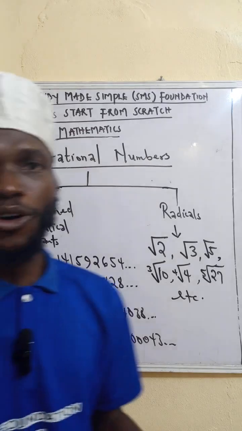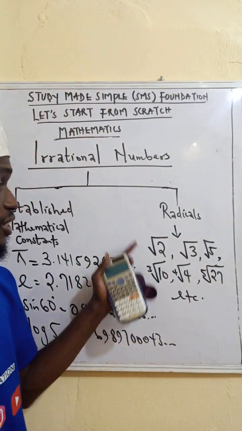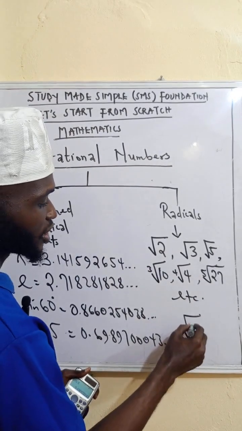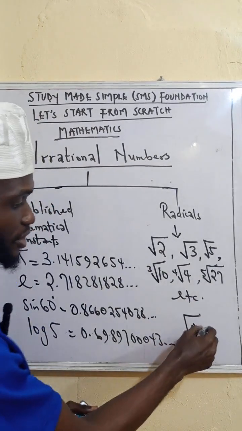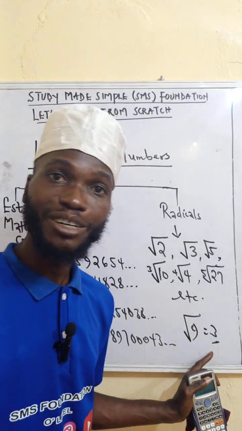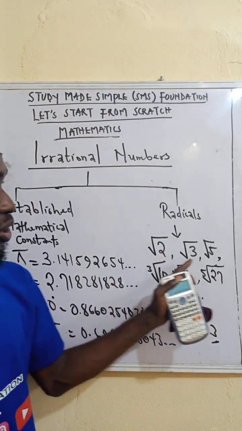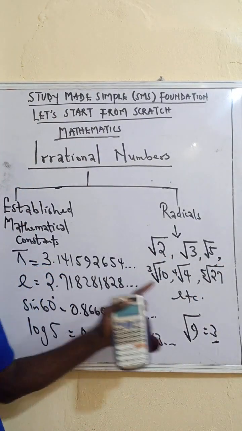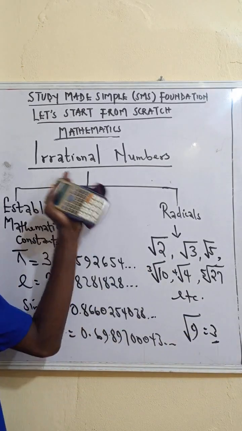So, does it mean that all roots are irrational? No. There are some counter examples. For example, square root of 9, which is equal to 3, and 3 is a rational number. But all of these others will lead to unterminating, non-recurring decimals, so it means they are irrational.